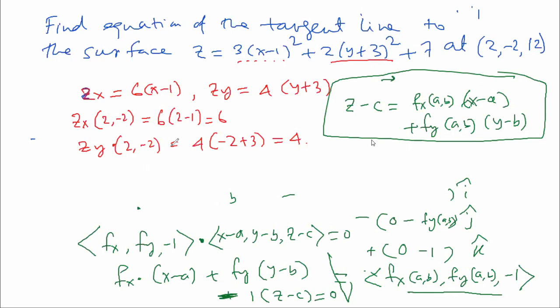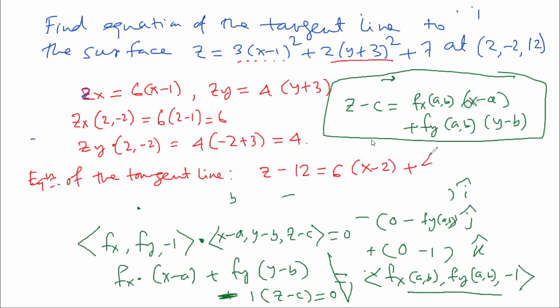So what is the equation of the tangent plane? We are plugging in z minus c, in this case 12. Then zx, which is 6. Then x minus a, which is 2. Then fy, which is 4. And y minus b is negative 2. Negative or negative would be positive.